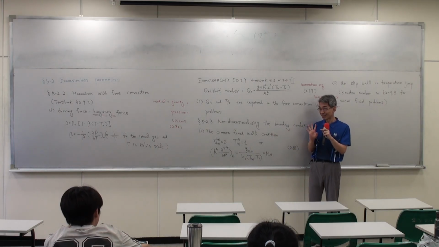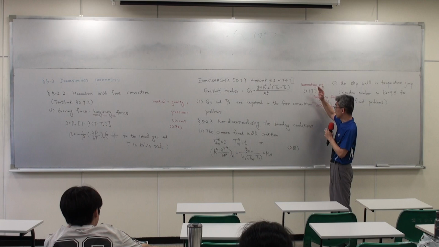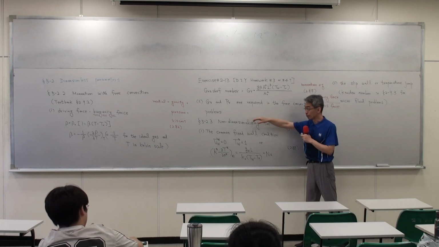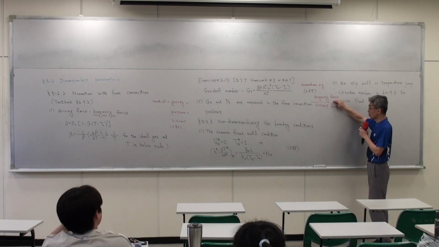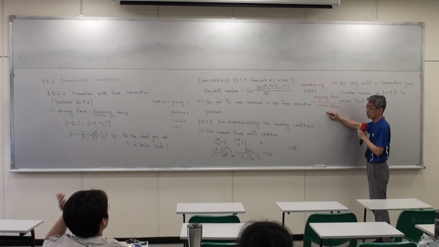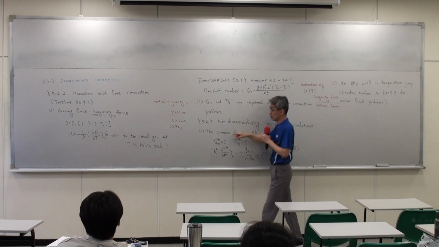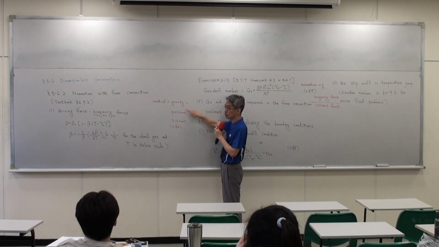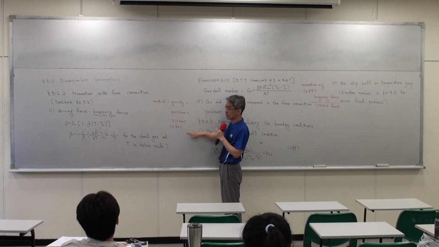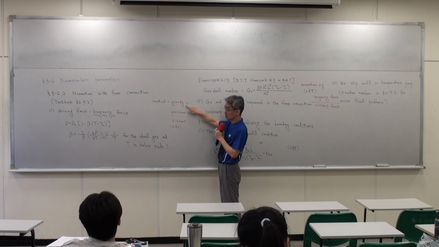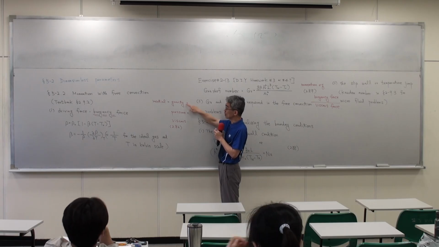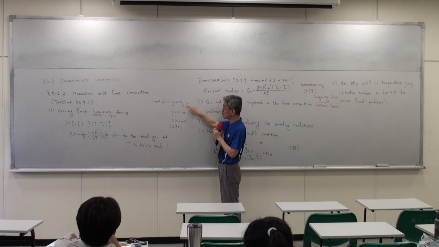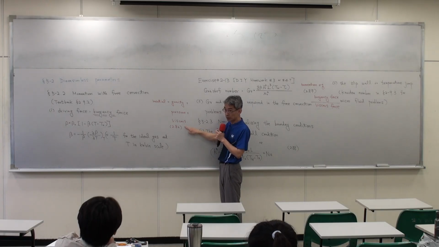Basically, this is from the momentum equation. Compare the buoyancy force and the viscosity force, and they just compare the contribution of this term and this term. If you want to see the total acceleration, then you need to look at the Froude number and the Reynolds number.